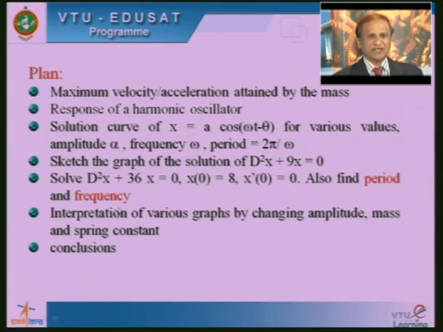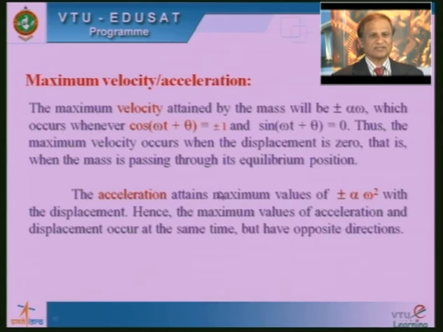And I am planning to give an interpretation of various graphs by changing amplitude, mass and spring constant. So, I have planned for all these things. According to our plan, first we shall think about how to calculate maximum velocity and acceleration.